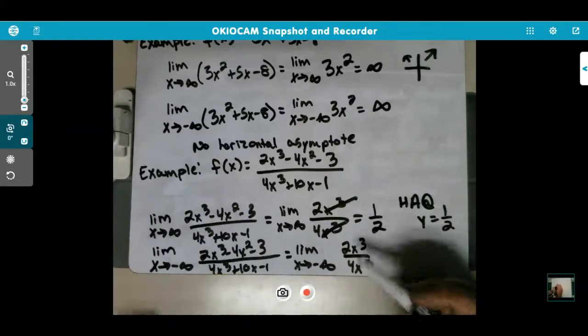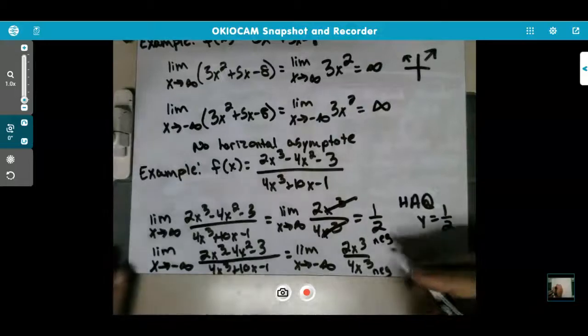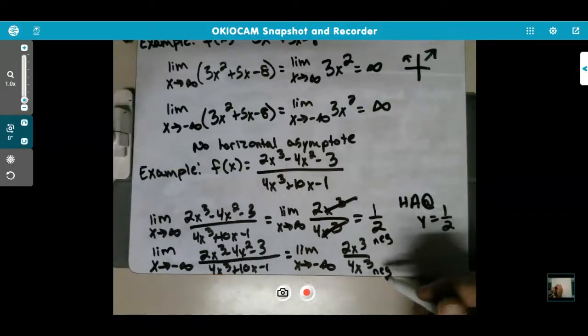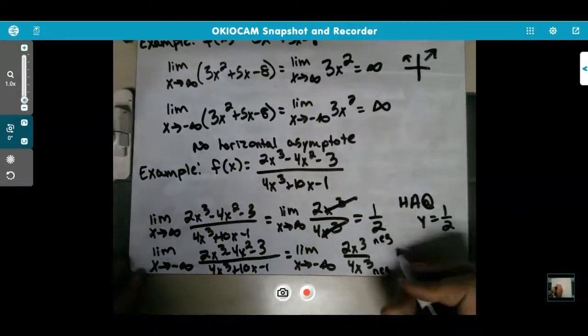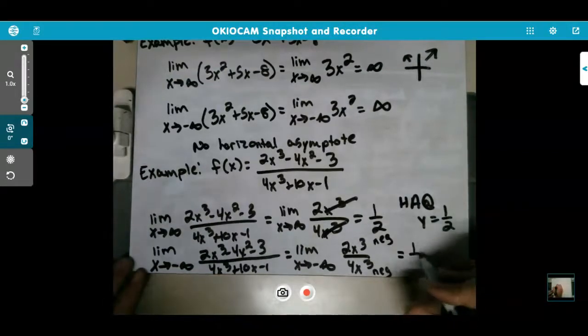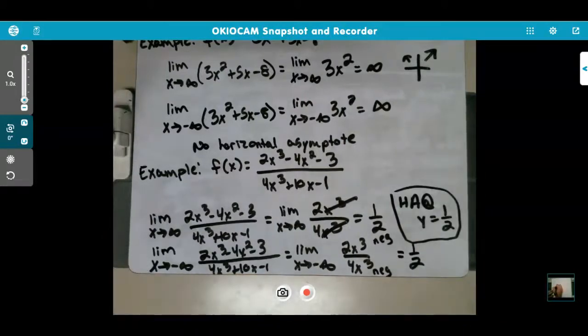A negative cube is going to be negative. Same thing right down here. A negative cube is going to be negative. Negative divided by a negative makes the whole thing positive. So this is going to be positive. Again, 2 over 4 is 1/2. So the same thing will happen on the left. So on the right and the left-hand side, we have a horizontal asymptote at y equals 1/2.